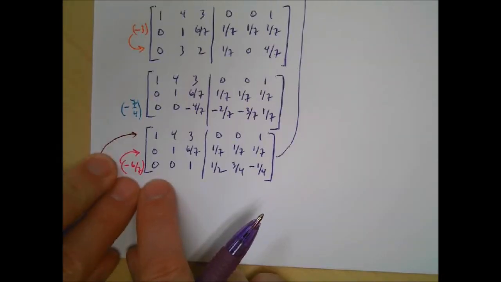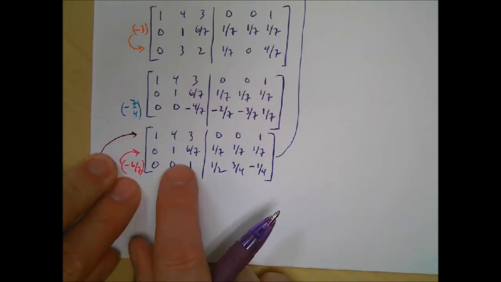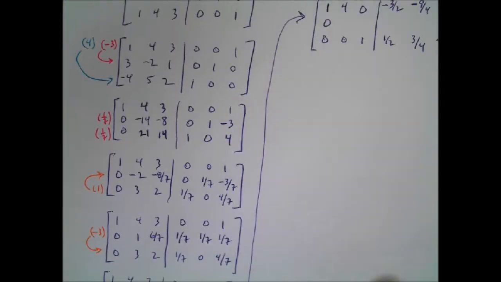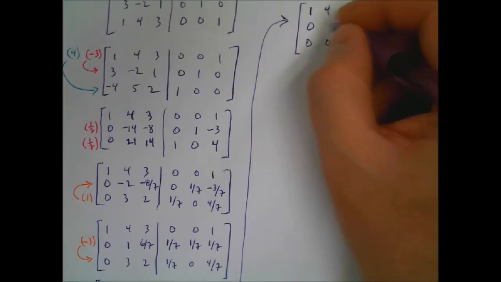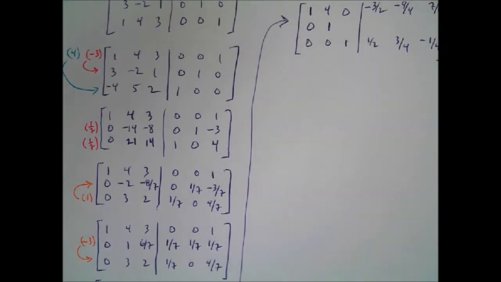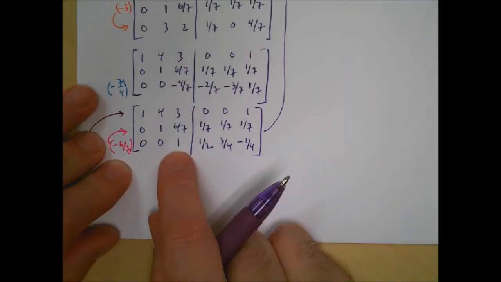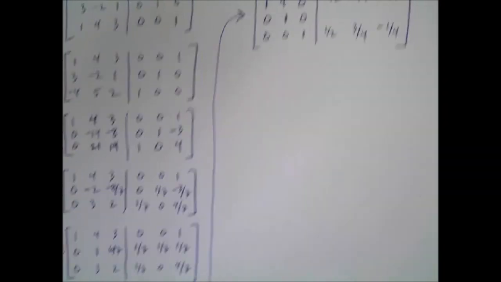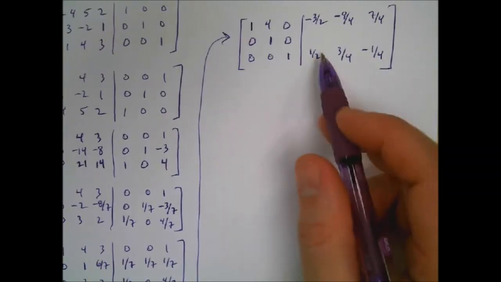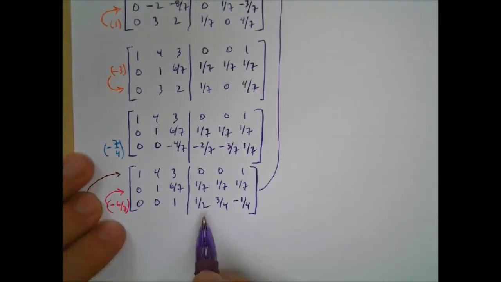Okay, middle, we're going to multiply the bottom by negative 6 sevenths now and add it to the middle row. 0 plus 0. 0 plus 1. Negative 6 sevenths plus 6 sevenths. Okay, all those are the easy ones. Now we got our work ahead of us.